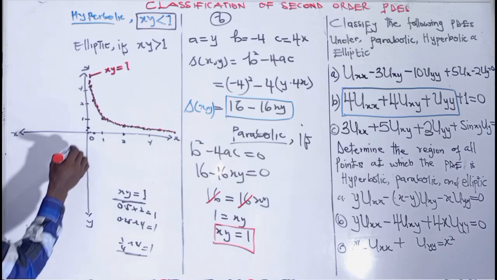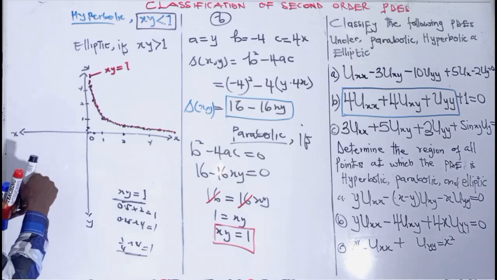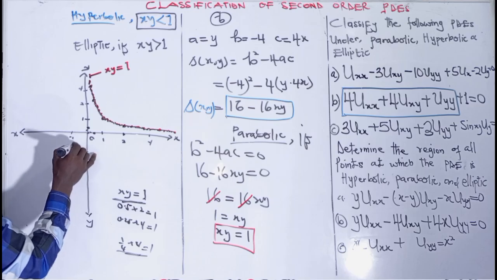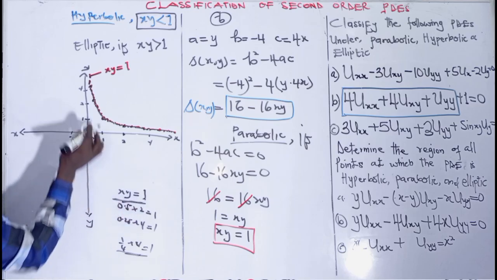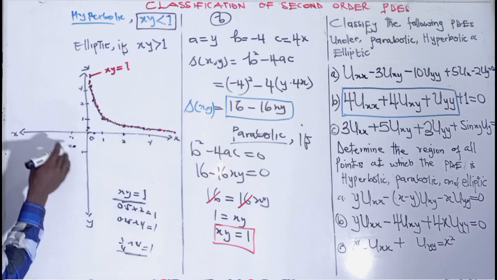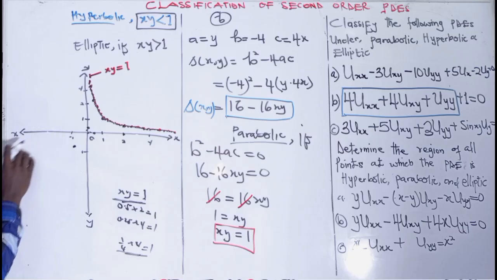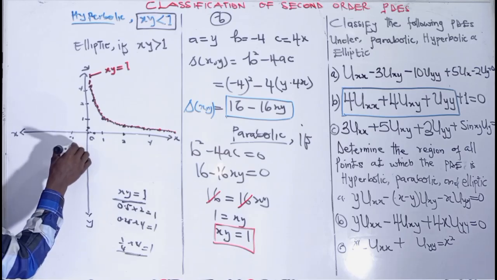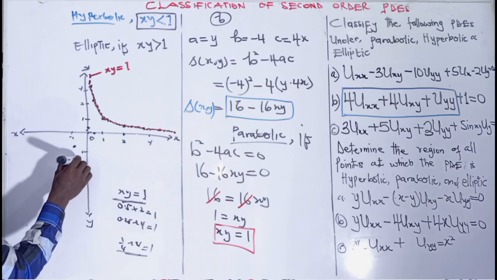Now with the same thing, you can see that when we pick negative 1 multiplied by negative 1, we are getting 1. So all these points on this line will be the same on this particular side, because negative times negative gives positive. So we have this point here, and any point here as well.